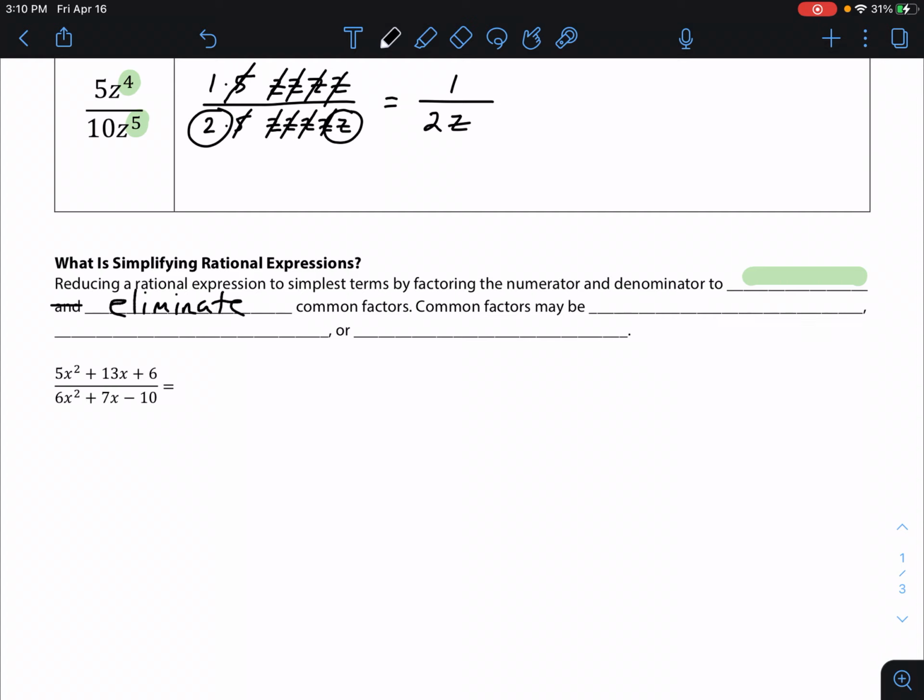Okay, so the whole idea is we factor like we did above so we can cancel common factors in the numerator and the denominator. And then common factors may be numbers, variables, or expressions.